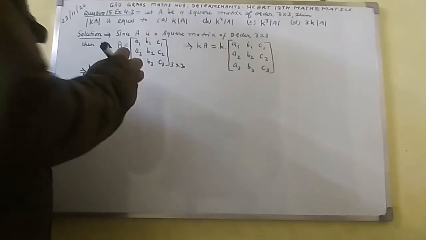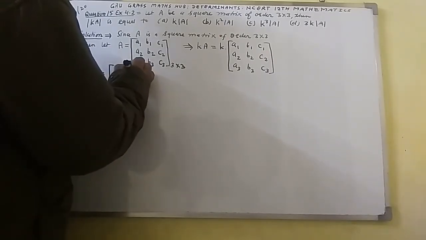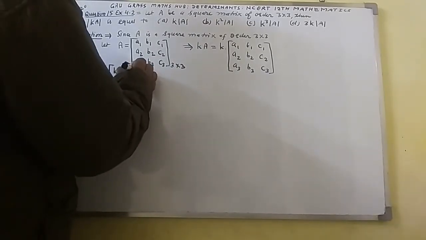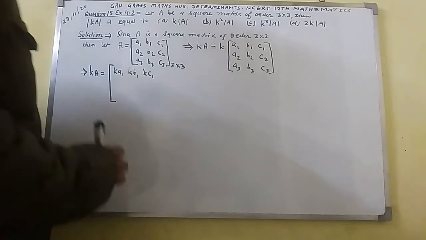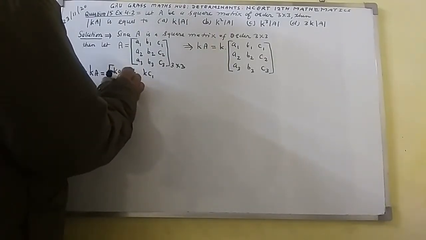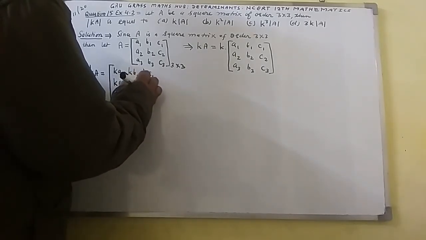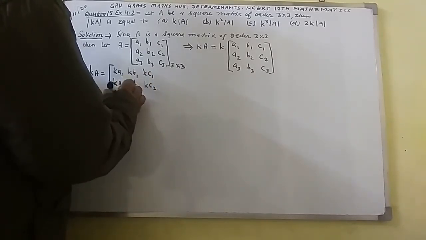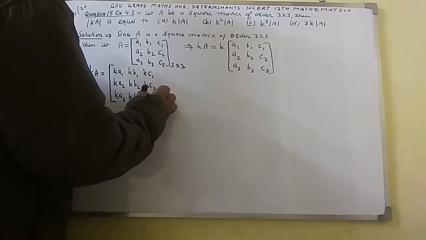So k is multiplied to element A1, element B1, element C1, element A2, B2, C2, and k is multiplied to element A3, B3, C3.